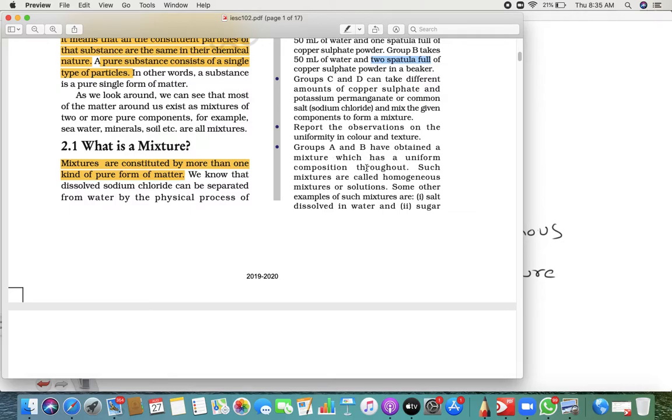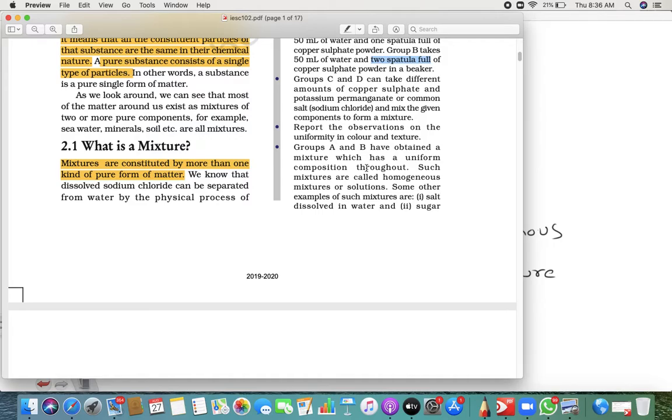For example, if you add a spoon of lemon into a glass of water and you stir, and then take a spoon of water from the top or bottom, does that water taste the same, or is the bottom part more sour and the upper part less? No, it is not like this. It dissolves completely. Such mixtures are called homogeneous mixtures.